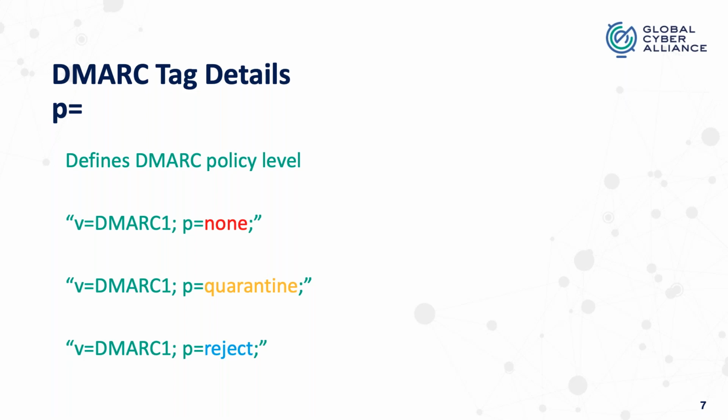Now, the other key thing to take note of is that the p tag applies not only to the domain you're creating the policy for, but also to all the subdomains of that domain. So if I'm applying a policy of reject at globalcyberalliance.org, that applies not only to globalcyberalliance.org, but also to all its subdomains, like sales.globalcyberalliance.org and marketing.globalcyberalliance.org.